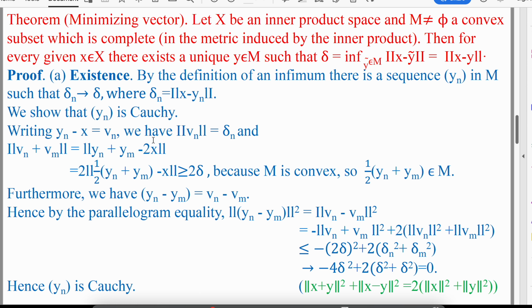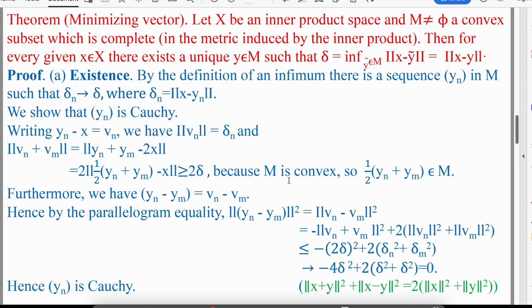If we take 2 common, we can write it as 2 times 1 upon 2 of yn plus ym minus x. I have taken this 2 outside and written 1 upon 2 here.